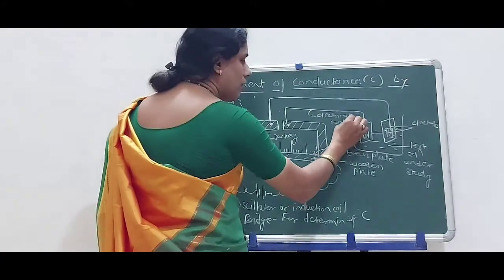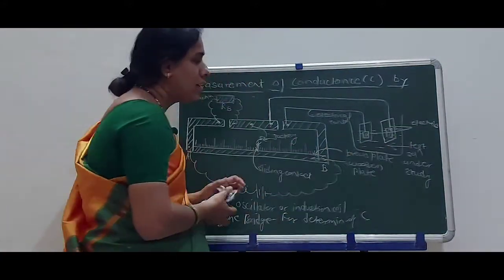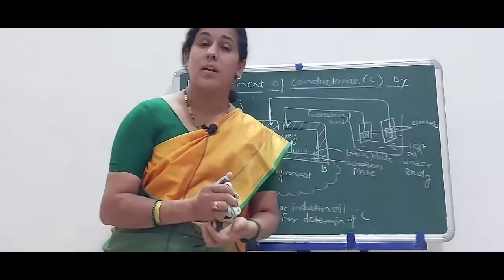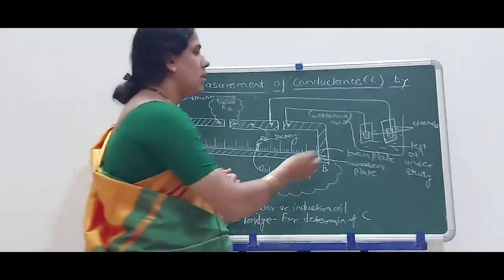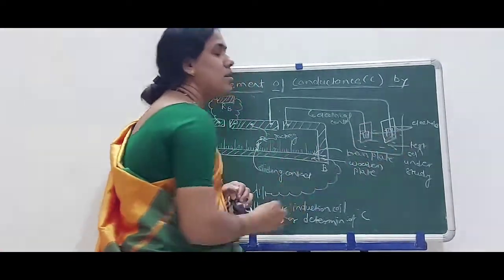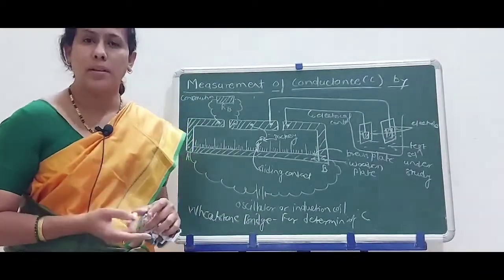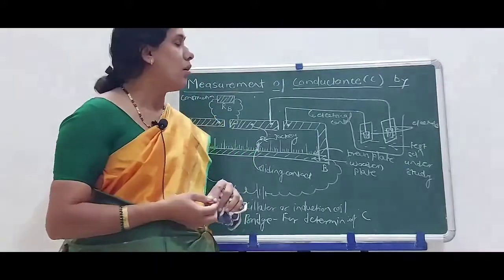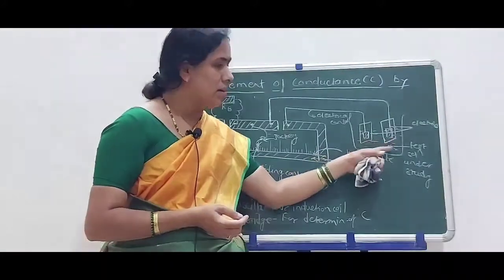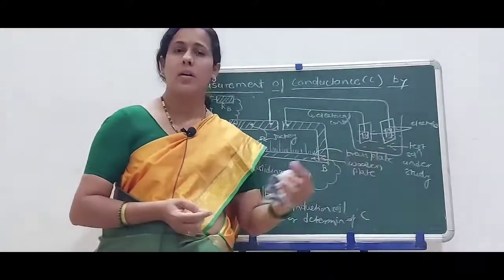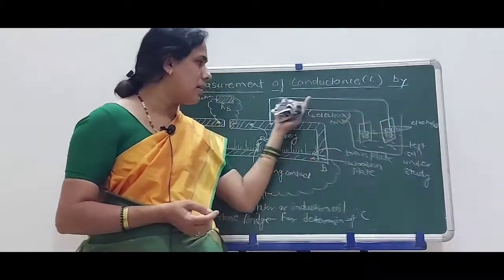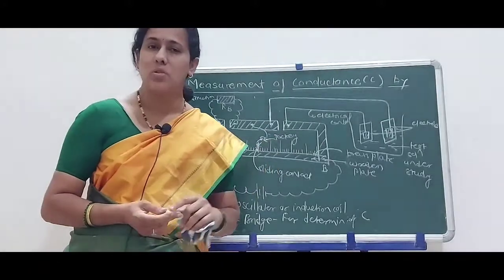For that purpose we take the test solution in a container in which two electrodes are kept apart, dipped in the test solution. Before dipping, the electrodes are first washed with conductivity water and then rinsed with the test solution.